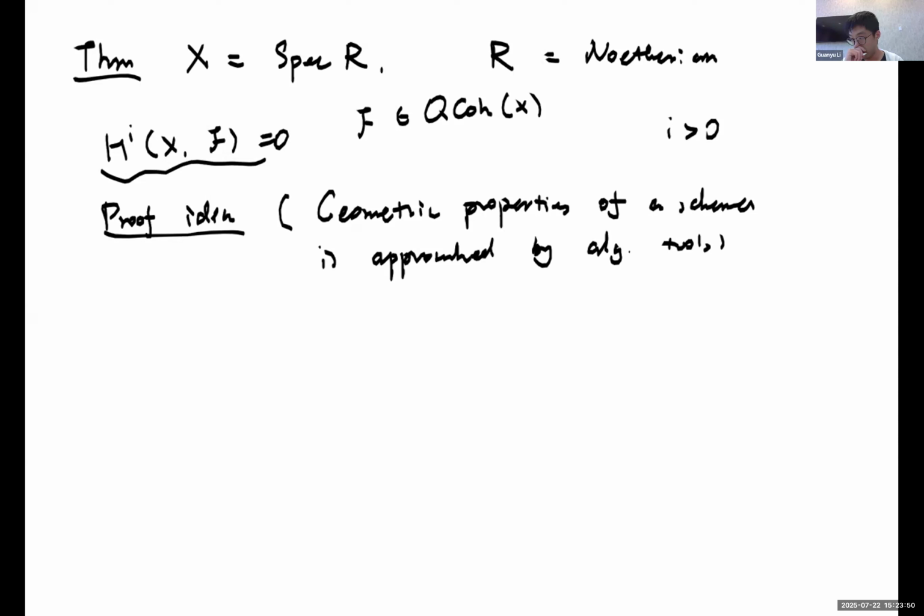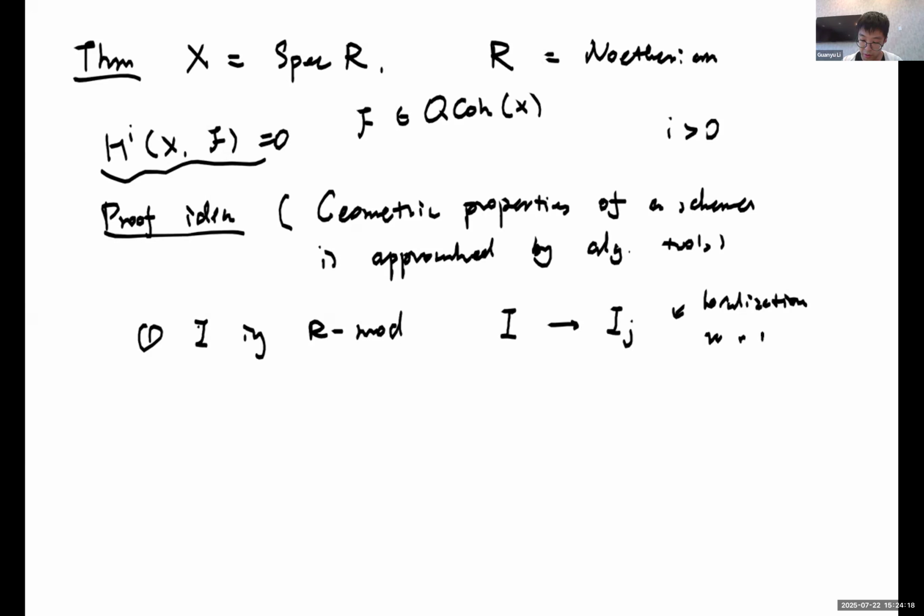So what is the proof idea? The first step is you have to show that when I is an injective R-module, the natural map from I to I_f, where this is localization with respect to an element f, is surjective.